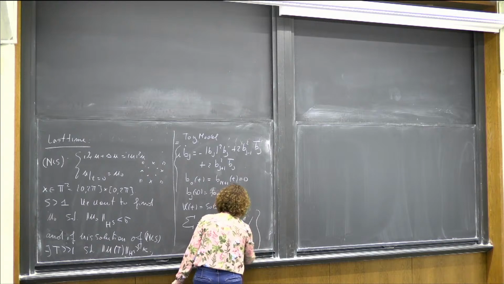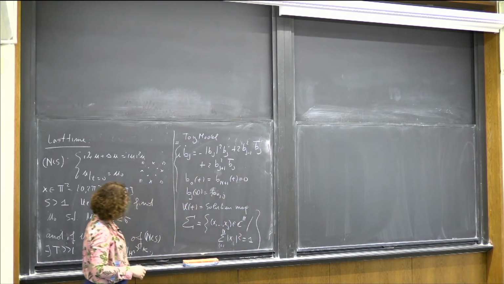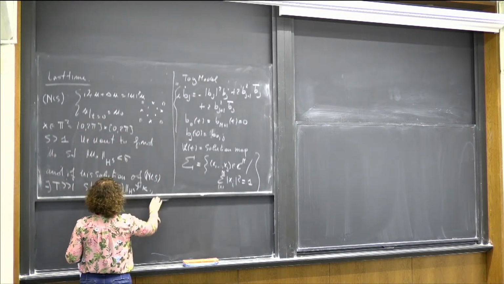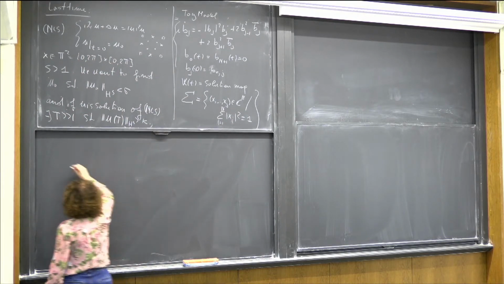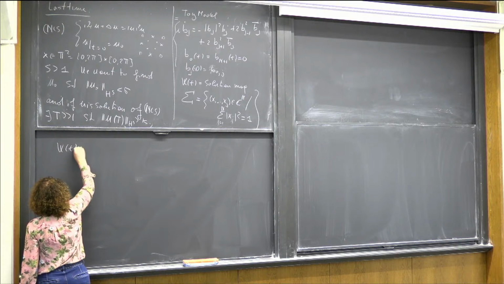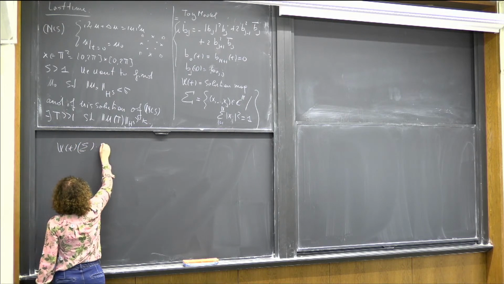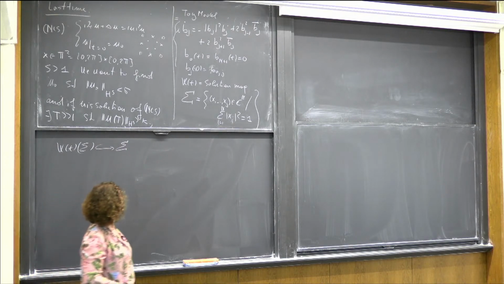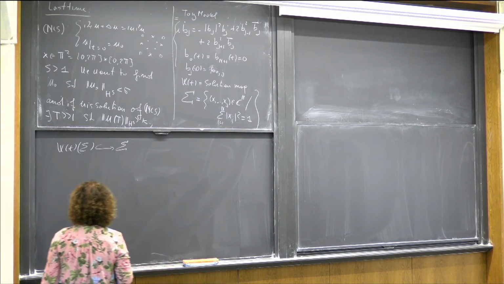This is the mass is 1, and since everything is conserved, this solution map is going to map sigma into itself for each time. By the way, there is no problem here for existence of solution or anything like that. It's a finite system, so it's all easy.